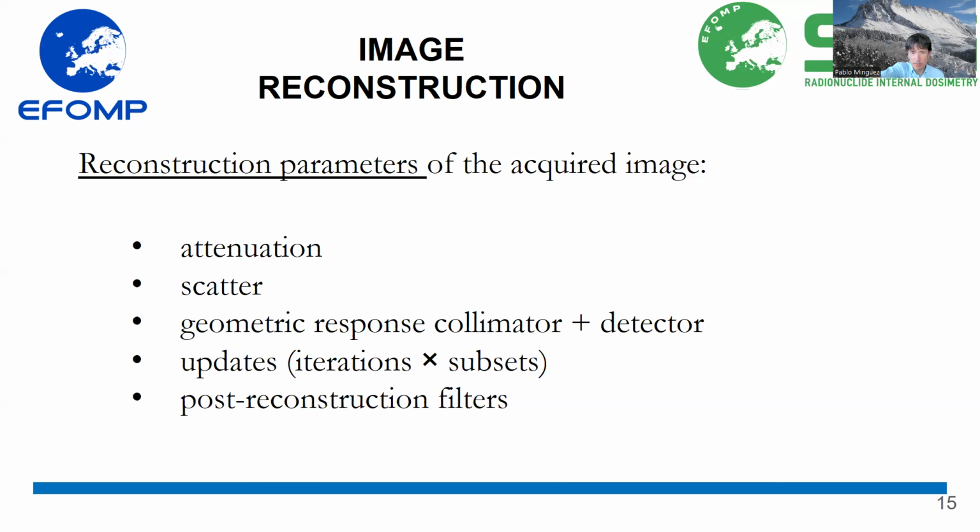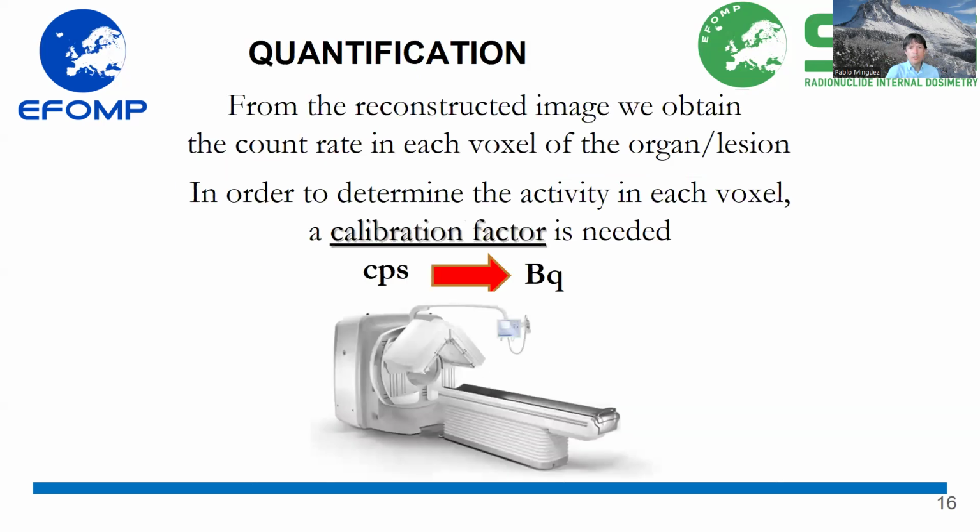So once we have the image reconstructed, we can go on to quantify and obtain the activity. In our image, what we are going to obtain in each voxel or pixel is the count rate. From the count rate, we will obtain the activity by means of a calibration factor or a calibration coefficient.